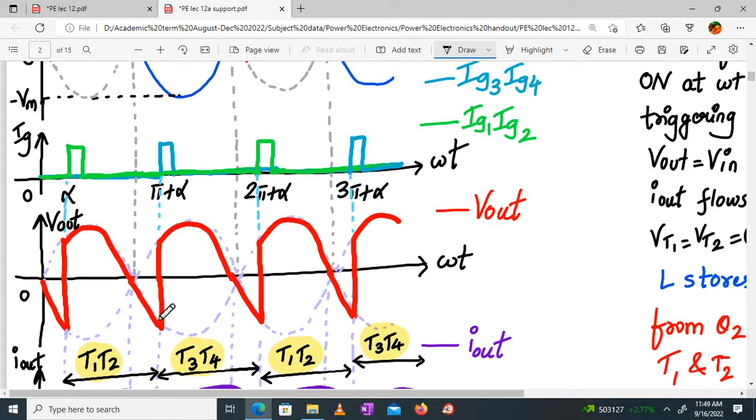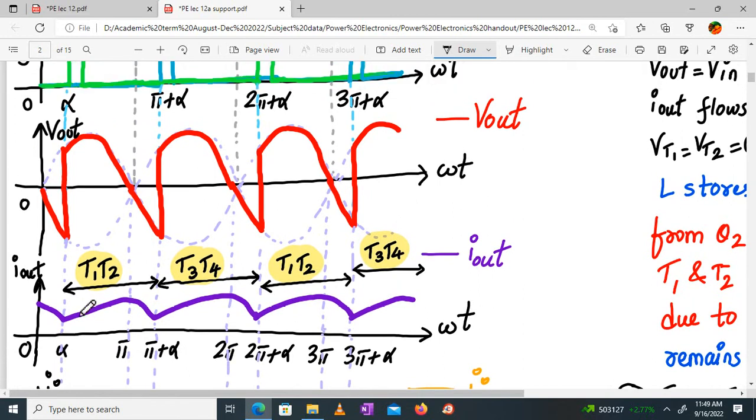So T3 and T4 will remain on from pi plus alpha to 2 pi plus alpha. Then again T1 and T2 are triggered on, and T3 and T4 become reverse biased and turn off by natural line commutation. We have discussed this again. So here I have discussed T1, T2 on, T3, T4 on, again T1, T2 and T3, T4.